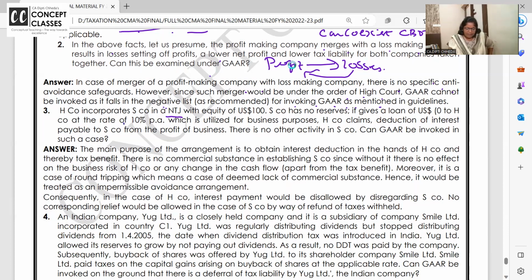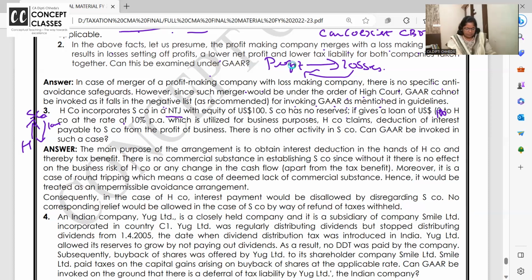So H company ने सब्सिडरी कंपनी बनाई. एच कंपनी है, इसने सब्सिडरी कंपनी बनाई. सब्सिडरी कंपनी has no reserves and it gives a loan of $100 to HCO, इसने लोन दिया है at the rate of 10%, which is utilized for business purpose.